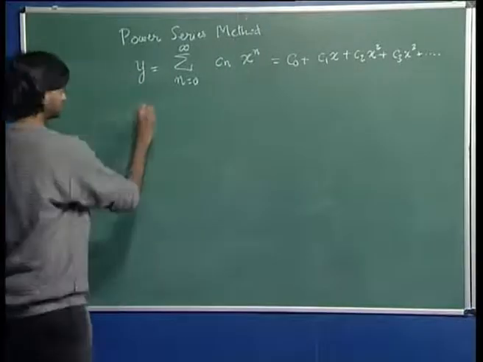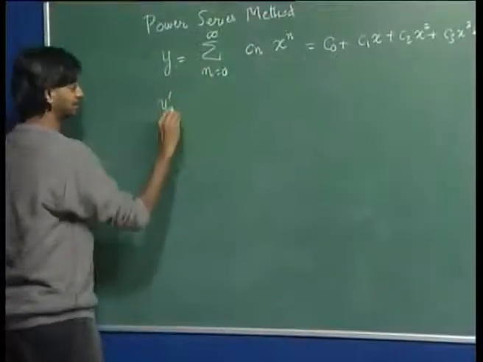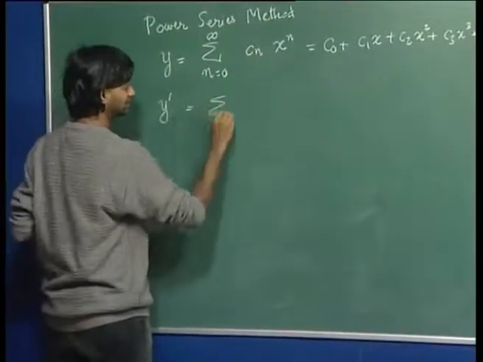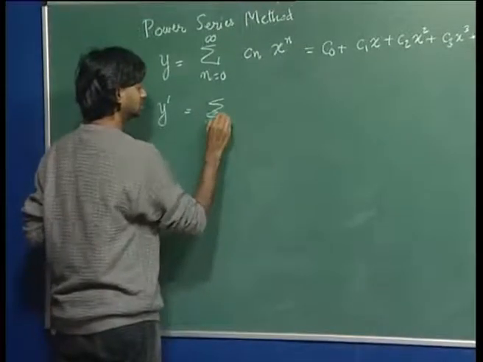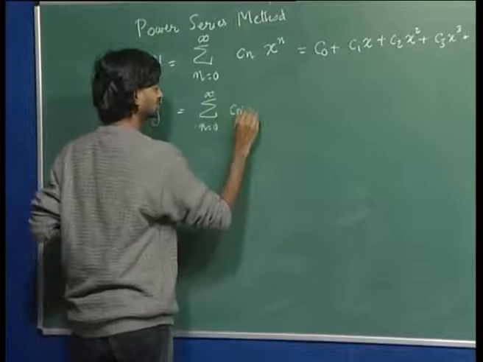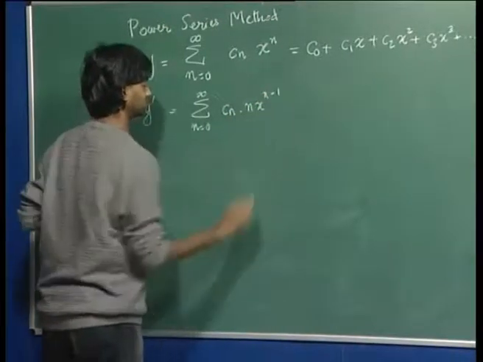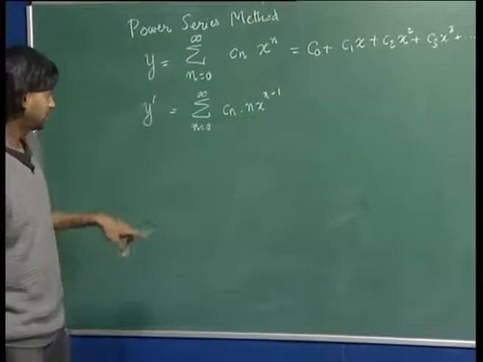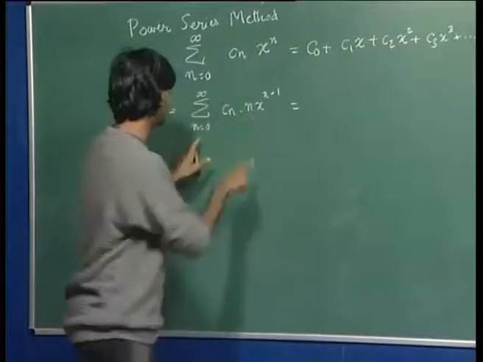Okay. So, if you have something like this, then y prime, or the derivative with respect to x, you have to do term by term differentiation: sum of C n times n x to the n minus 1. Okay. And if you do this, the first term will give me 0 because n equal to 0.